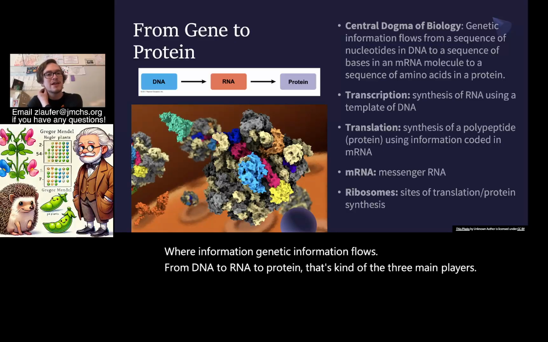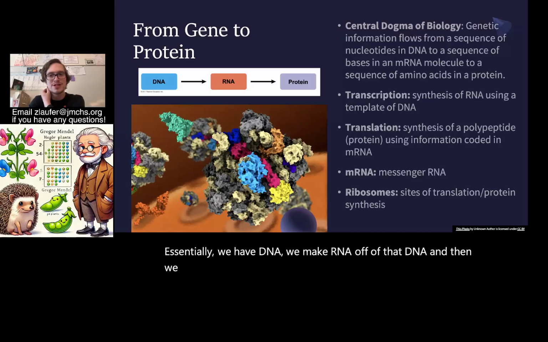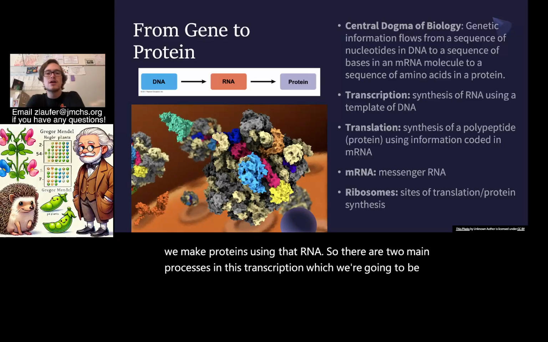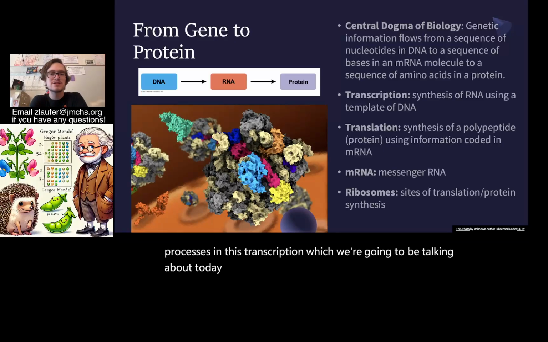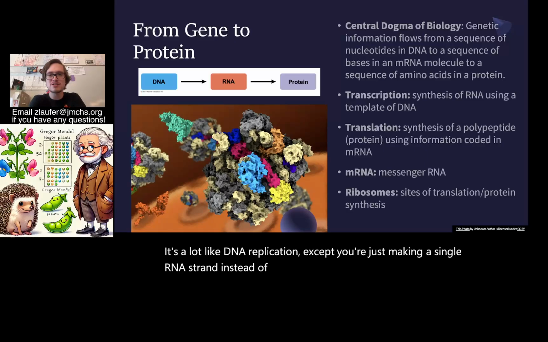Essentially, we have DNA, we make RNA off of that DNA, and then we make proteins using that RNA. So there are two main processes in this. Transcription, which we're going to be talking about today, and that is the making of RNA from a DNA template. It's a lot like DNA replication, except you're just making a single RNA strand instead of two DNA strands. And then translation is going from RNA to protein.